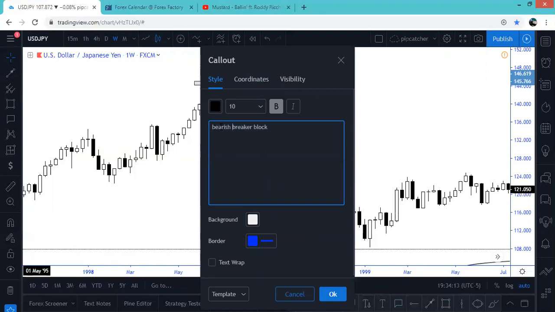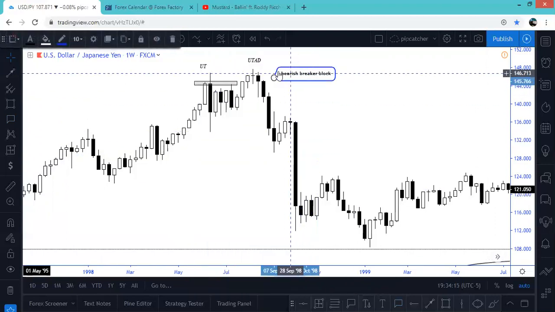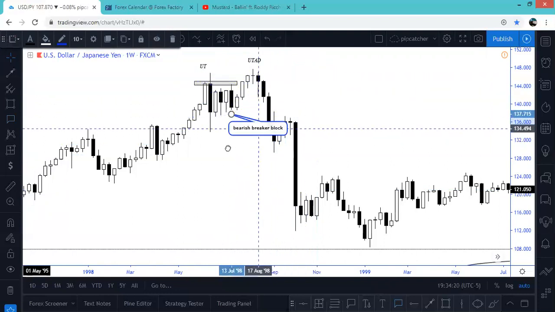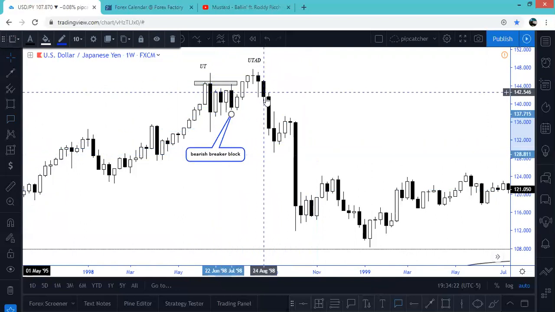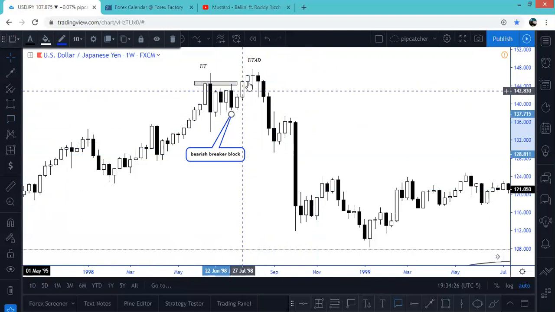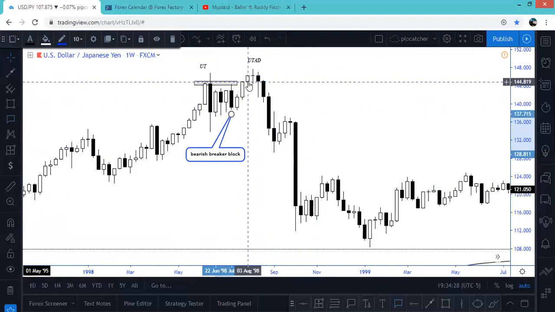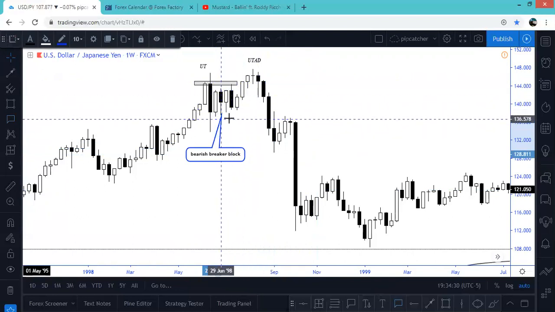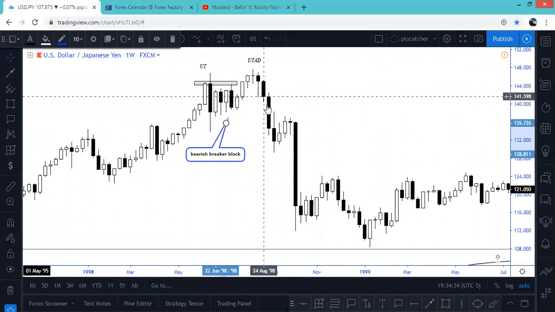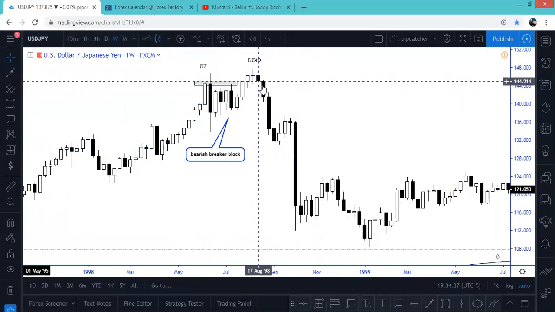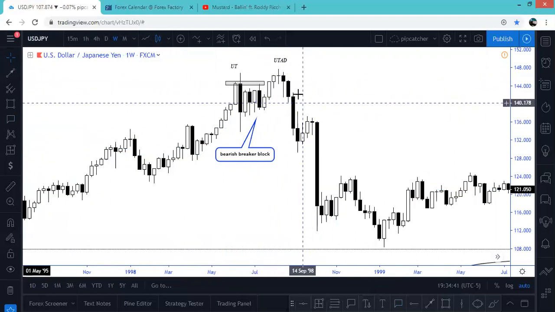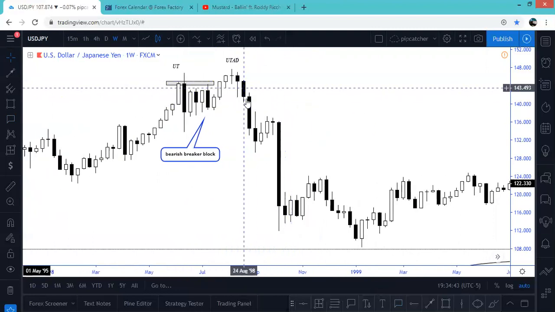a bearish breaker block to be exact, right here, this one. So when price aggressively moves down, why doesn't it come back up to the last up candle? To be honest, I can't tell you why, other than slippage in price and just fast repricing in the market.